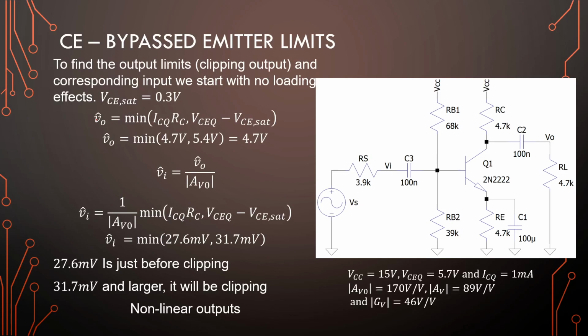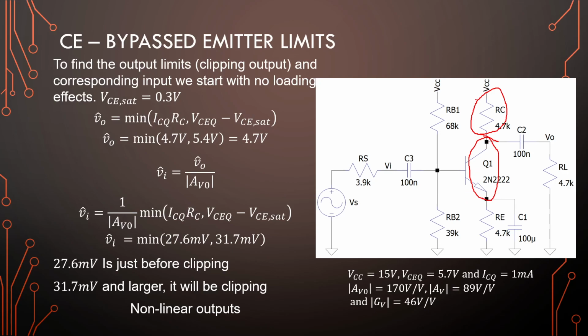Okay, so first up is the common emitter amplifier with the emitter resistor bypassed. We analyzed this amplifier in a previous video, so let's have a look at what we actually want. The maximum output of this amplifier is determined by the current flowing through this resistor, so basically the voltage over this resistor and the voltage across that transistor.